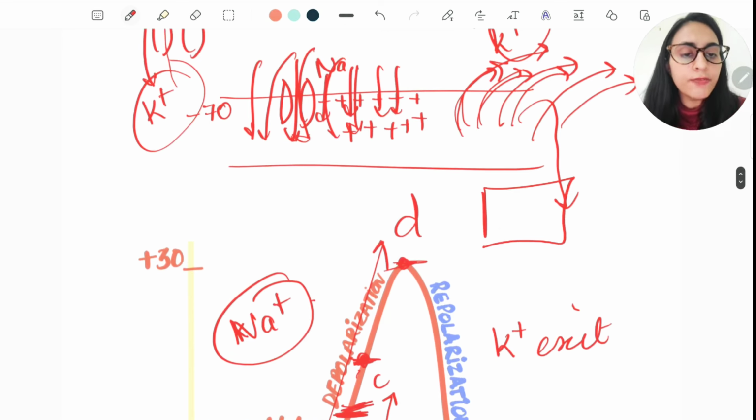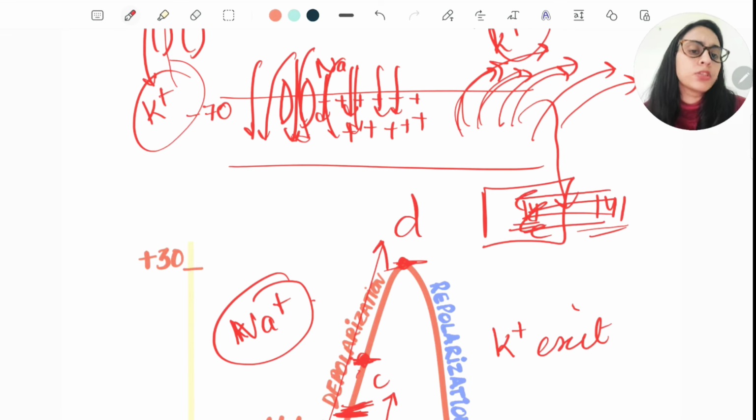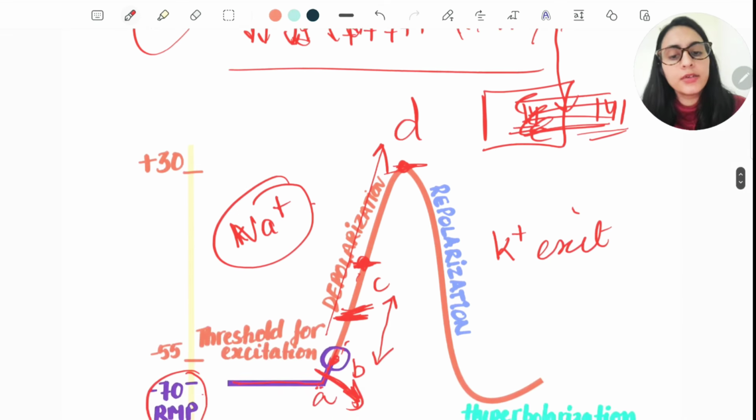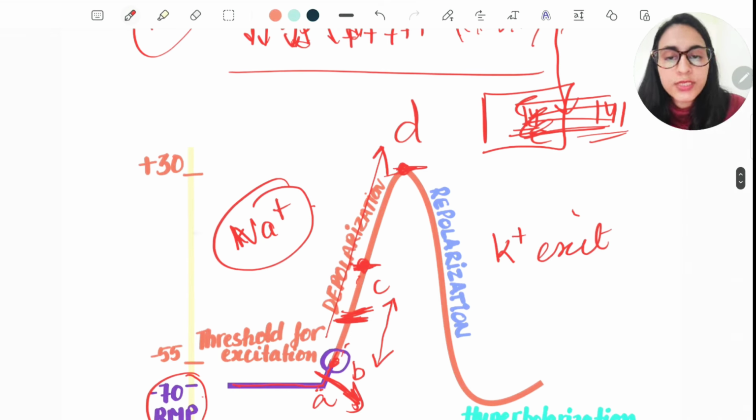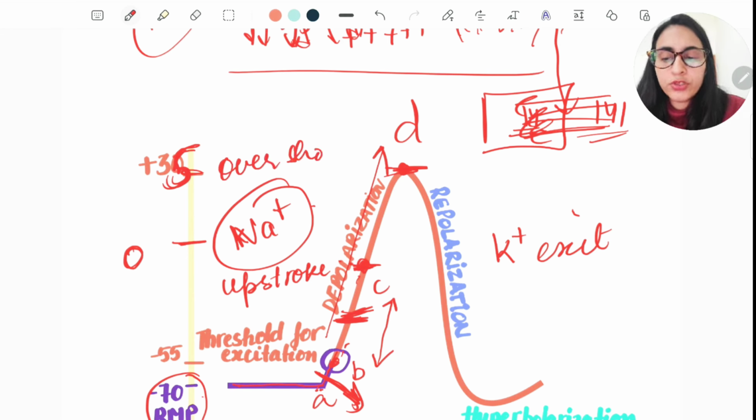There is a difference in the concentration gradient of the sodium, outside I guess it is 141 or 145, so all of a sudden a lot of sodium comes in, and that is why there is a spike or rise. Suppose here it is 0. This is the upstroke from threshold up to 0, and from 0 it rises up to plus 35. Then this is known as overshoot.